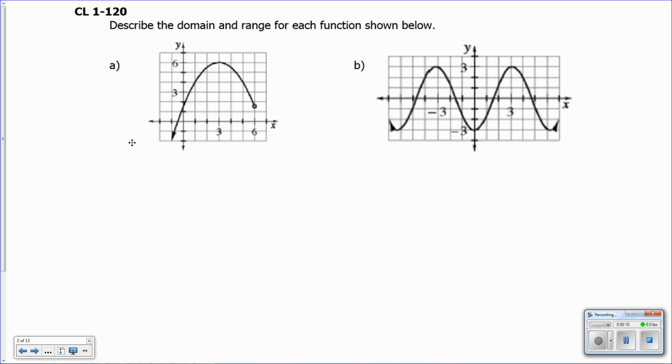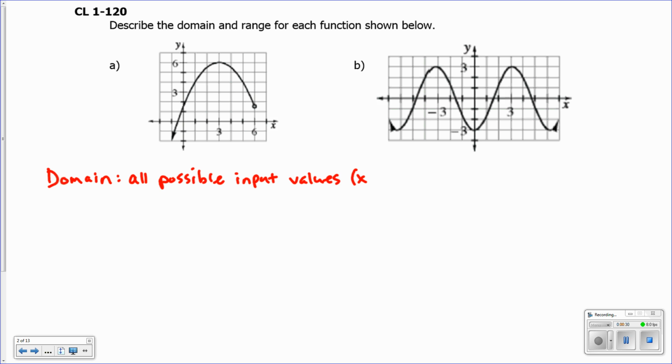So our first one here, remember domain is going to be looking at all the possible input values. In other words, that's the x coordinates.